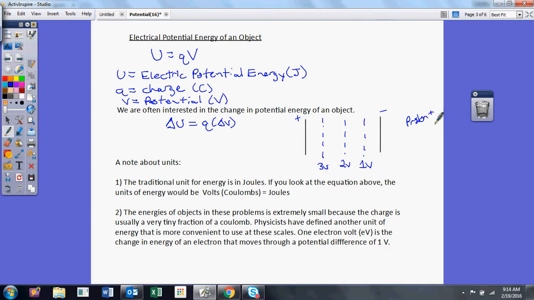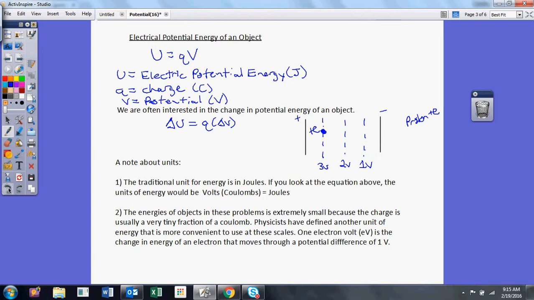So that's going to be plus e, and e stands for the elementary charge, the charge on a proton or an electron, just the sign is different.